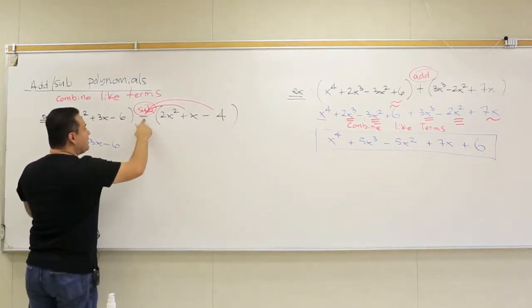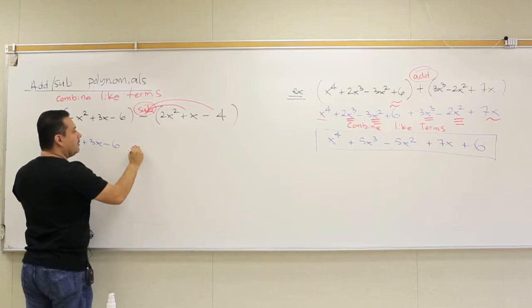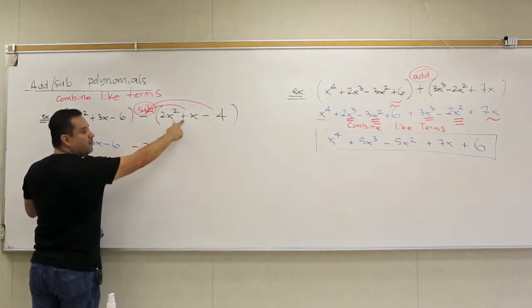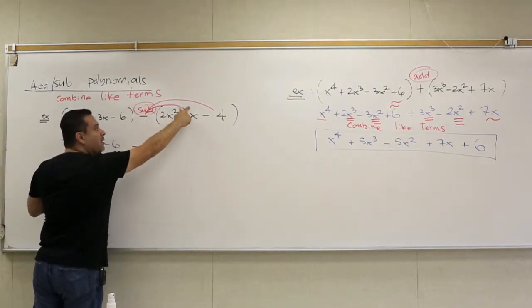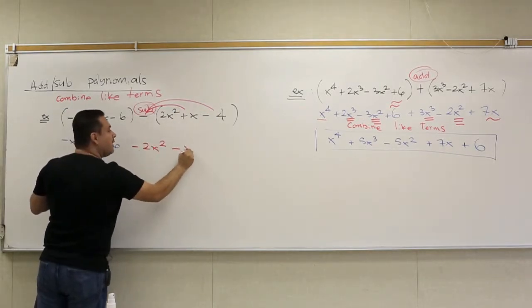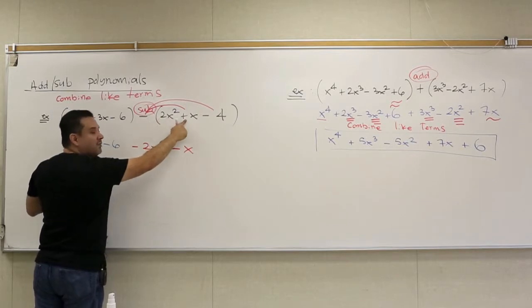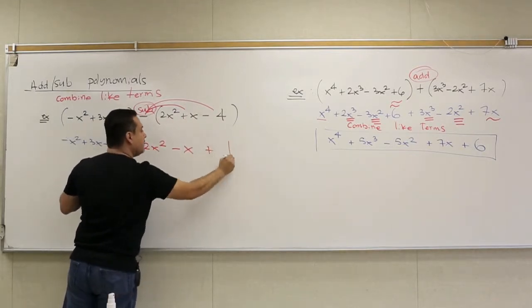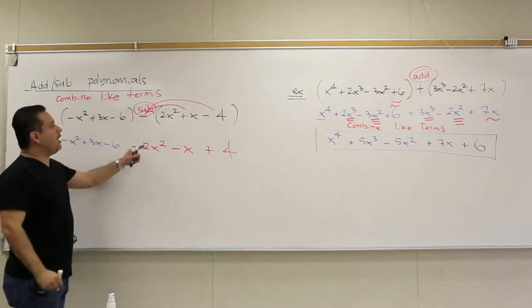So minus a positive 2 means write the opposite sign. This positive 1x is now a negative 1x. Negative and negative. Is that true? What's the opposite of a negative? Positive. So you're changing the signs.